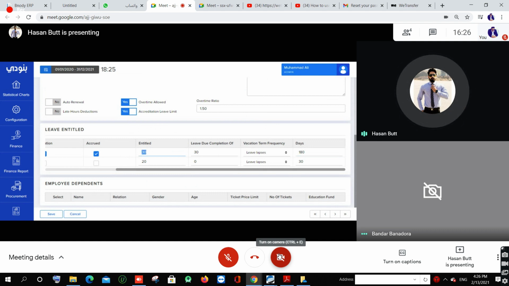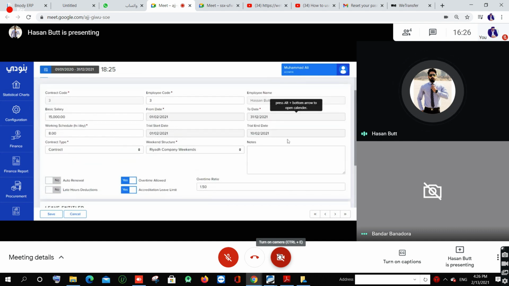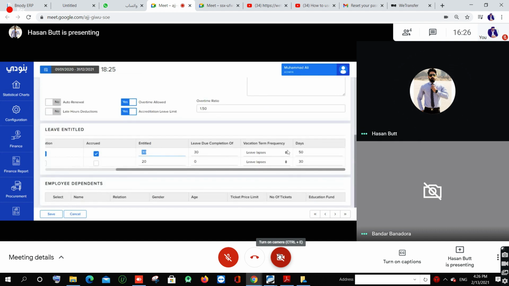After 180 days, or after 50 days, his 30 leaves of the previous year will be expired. And the previous option will allow him to take it completely. And it can be leave can forward to his next contract. 30 will be added to his next contract.